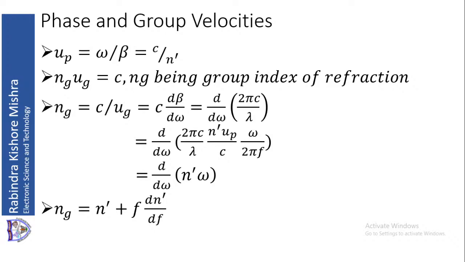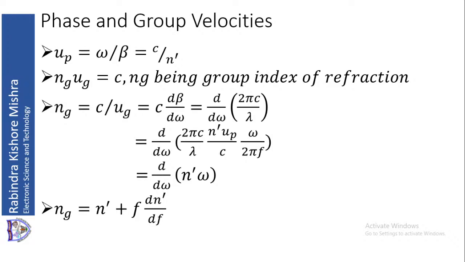So 2 pi cancels. Ng is equal to n dash plus f d n dash by df. So this is the group index. Phase velocity we know is omega by beta, or c by n dash, and group velocity is given by the group index n dash plus f d n dash by df.